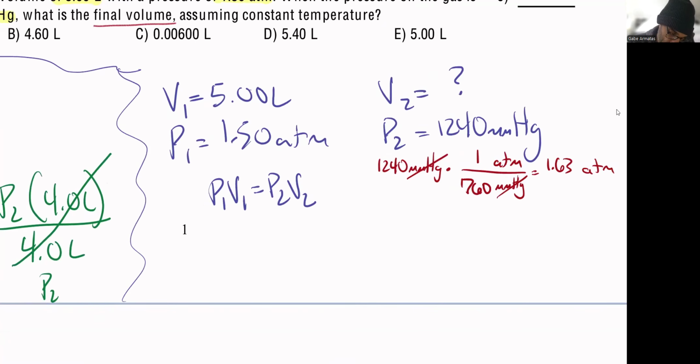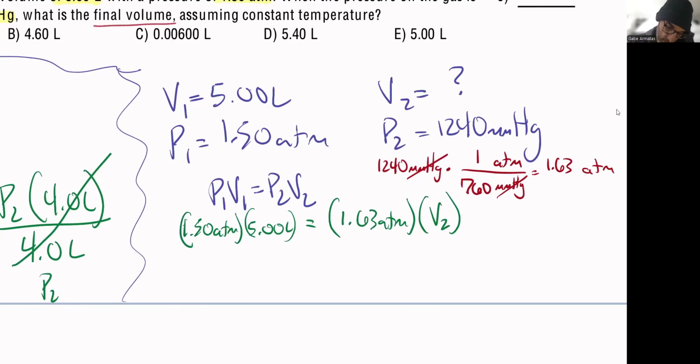Now I can plug my numbers in. Pressure 1 is 1.5 atmospheres. Volume 1 was 5 liters. Equals, I'm looking for the new, oh, no, I have pressure 2. Pressure 2 was 1.63 atmospheres. And the new volume is what we're looking for.